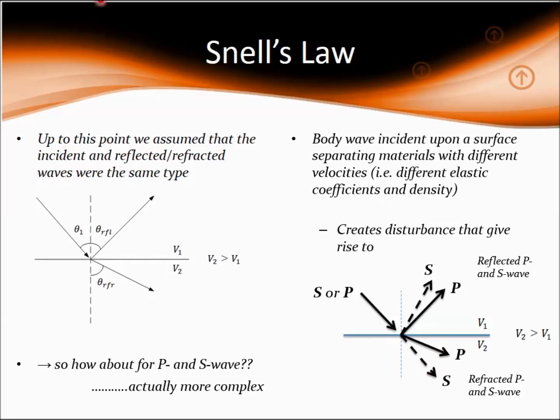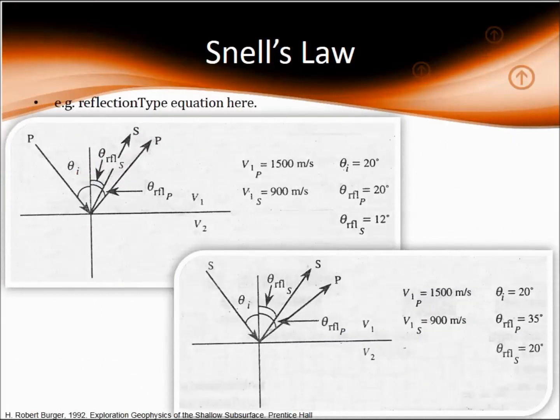As simple as that. We take an example for the reflection case first, and after that we move forward to the refraction. The upper figure here shows when only the P wave strikes the interface between the V1 and V2 layers. Here it will generate two types of rays, a P wave ray and an S wave ray.